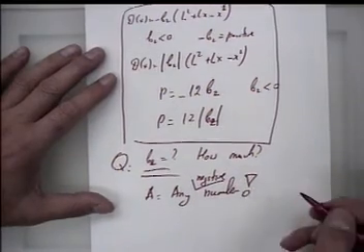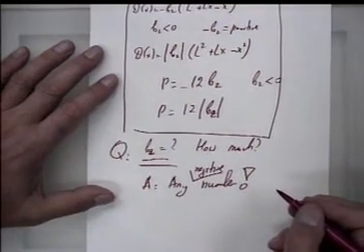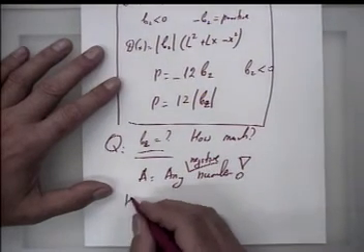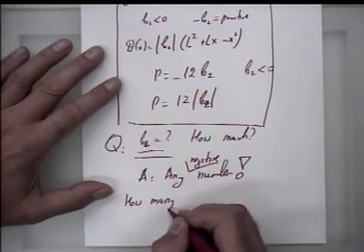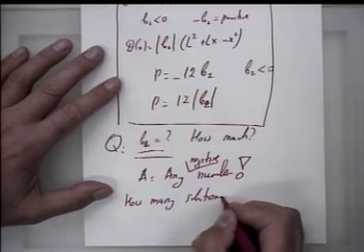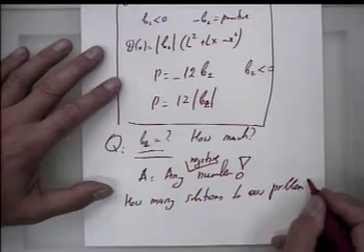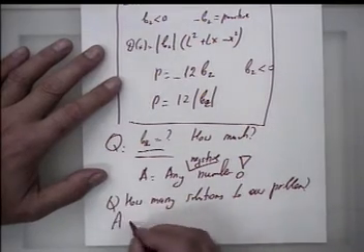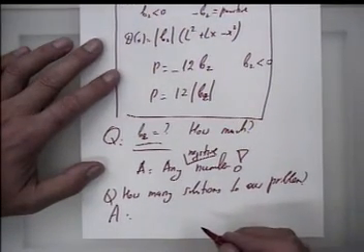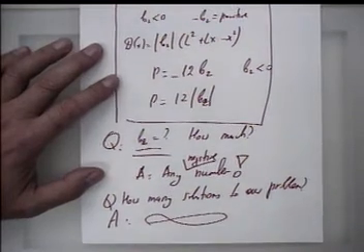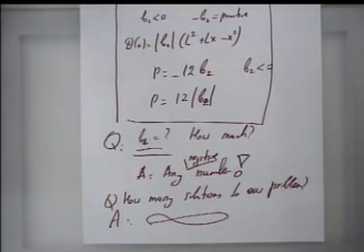Any negative number is okay. So that means how many solutions to our problem do we have? Infinite amount of solutions. You can take any B2. B2 equals -1, -2, -3, -5, -7, -pi if you want. If someone wants pi, it's also okay.